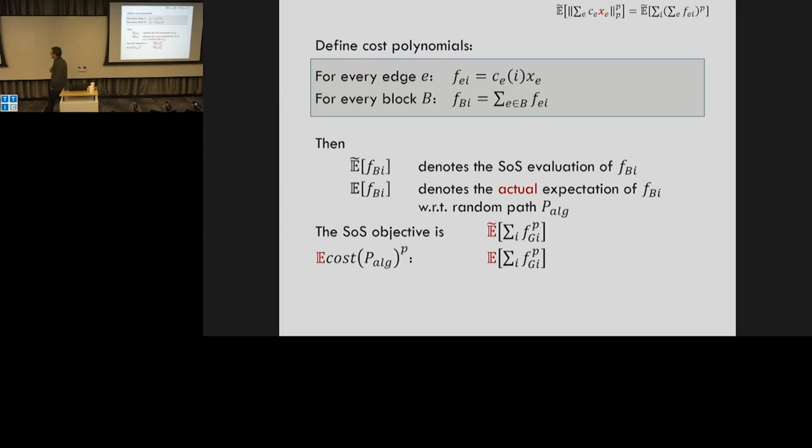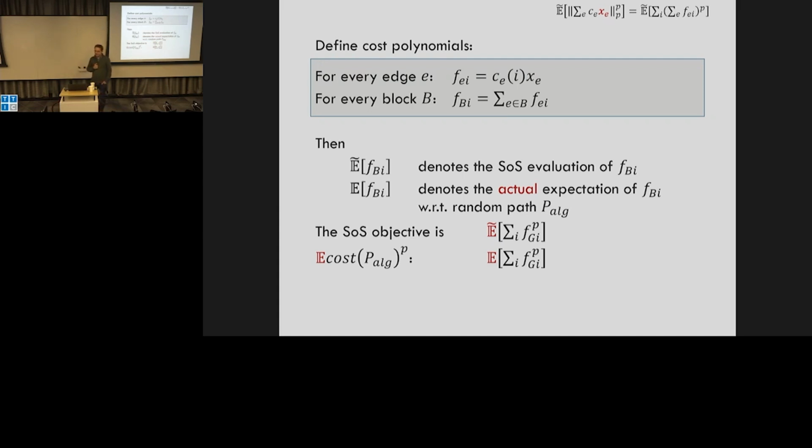More generally, if we have some block in our series parallel decomposition, we define the cost polynomial for this block, f_B^i. It's equal to the sum over all edges in the block of f_e^i.